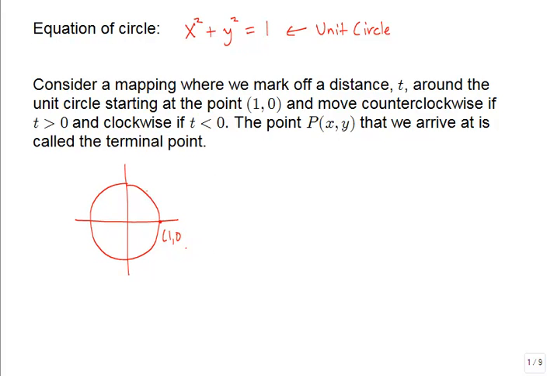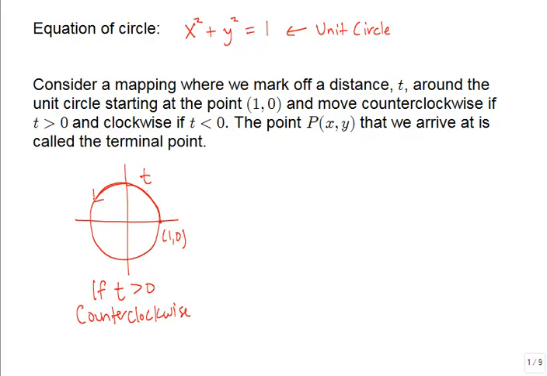So if t is greater than 0, positive, we're going to move counterclockwise around the circumference of this circle. So this t would measure this arc length as we go around our circle. So this distance right here is what we're calling t.